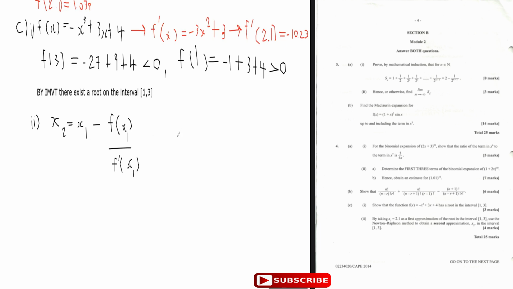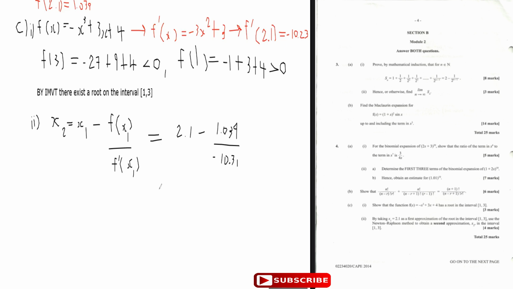That is x1, which is 2.1, minus f of x1, which is 1.039, divided by f prime of 2.1, which is minus 10.39.